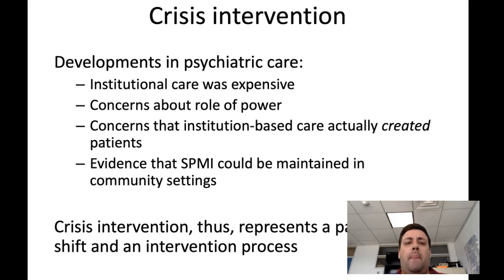But at this time, we start to see that institutional care is really expensive. We get some significant concerns about the differential of power between the patients and the psychiatrists or the nurses, the people who were managing them.